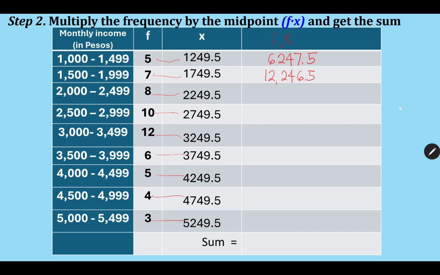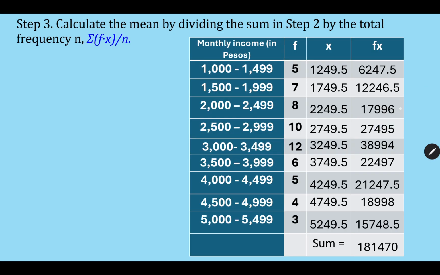We have here now 15,748.5. Now, adding all this together, then we get a sum of 181,470. Okay, so we have here now the complete table.